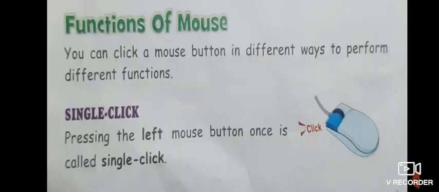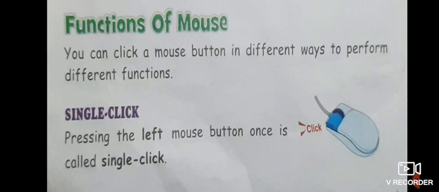Now next is functions of mouse. Functions of mouse means what are the actions we can perform by using mouse. Alright, you can click a mouse button in different ways to perform different functions. So let's start, read them one by one. First is single click.